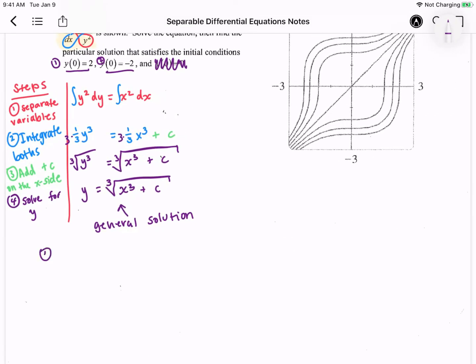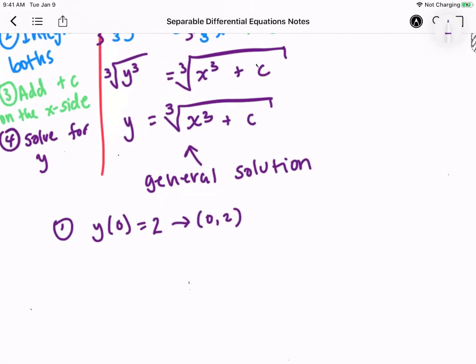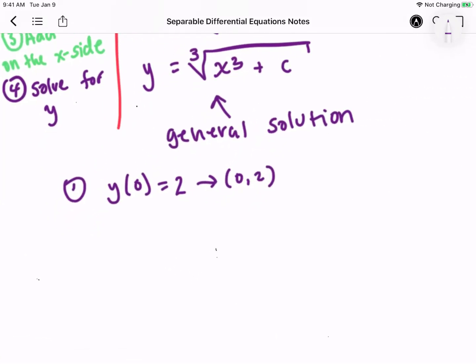So if I solve for y of 0 equals 2, this just means that I have the coordinate point 0, 2. So I'm going to use my general solution and the point 0, 2 to find the particular solution at that point.